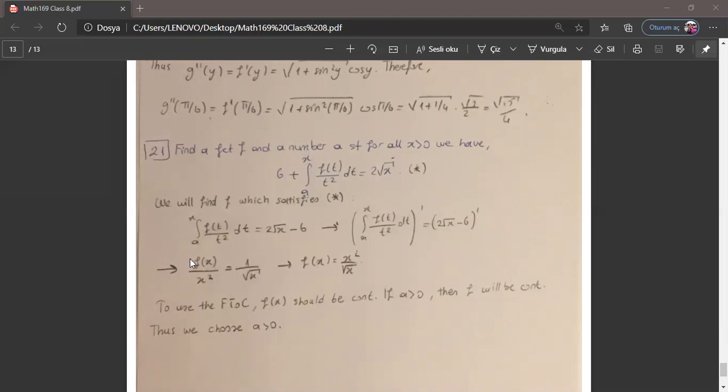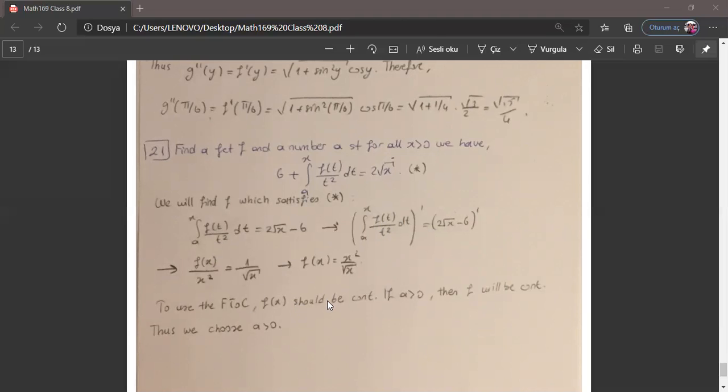We apply here the fundamental theorem, okay? So what's the assumption of the fundamental theorem? You need to have some constant here and some variable here, and remember that the function inside of the integral should be continuous. But this function, f of t over t squared, is not continuous at 0, because if t equals 0, we have something undefined, okay?